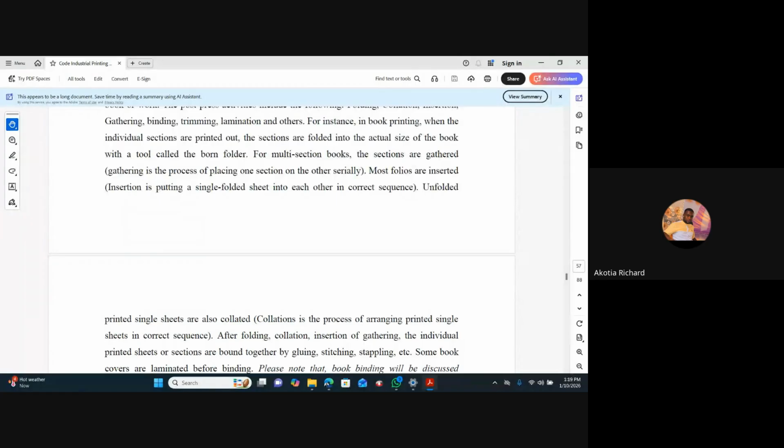So when we look at insertion, it is putting a single folded sheet into each other in correct sequence.